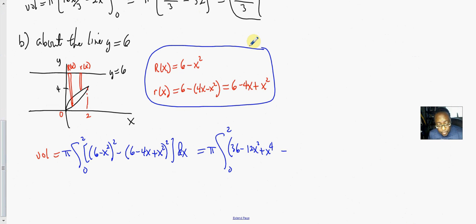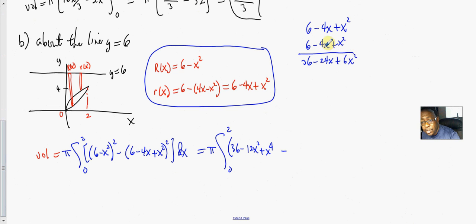So 6 minus 4x plus x squared times 6 minus 4x plus x squared. So we get 36 minus 24x plus 6x squared. Multiply negative 4 times everything up top. So it's negative 24x plus 16x squared minus 4x to the 3rd. Now x squared times everything up top.